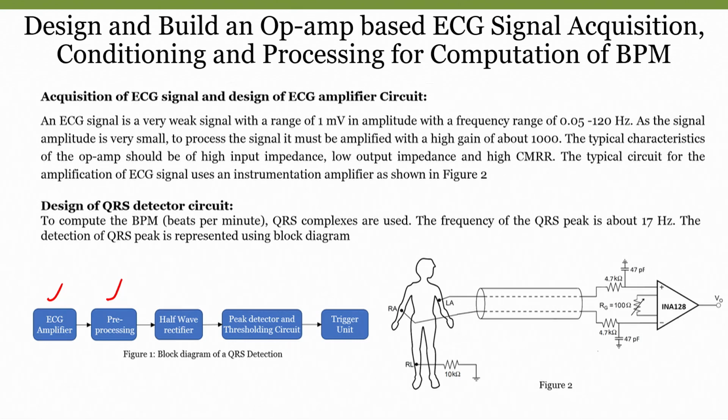So, in order to find that BPM value, how do we determine this is our QRS peak, when we see that peaks can be either positive peaks or negative peaks. Generally negative peaks are called valleys, but when we design a circuit, no matter what, it may give either a positive peak or a negative peak, and since we are interested only in positive peak values, if we pass it through a half wave rectifier, the negative peaks will be completely removed.